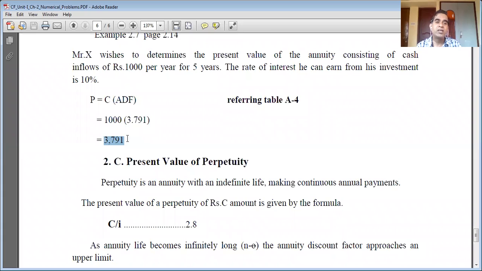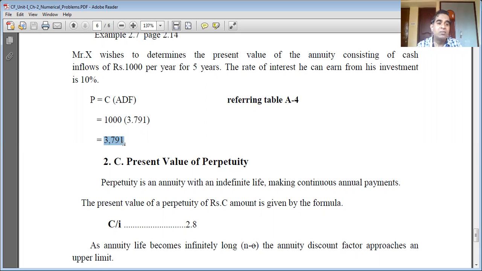A layman may say 1,000 rupees each year for 5 years will amount to 5,000 rupees, which is more than the 4,000 rupees invested. But if we convert the annuity to its present value, 1,000 rupees to be received each year for 5 years, it will be only 3,791 rupees.